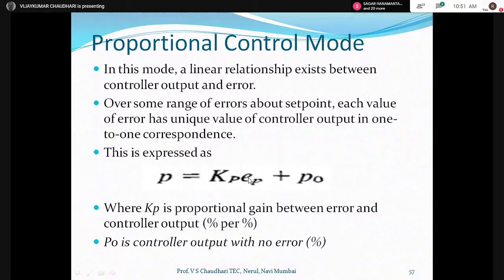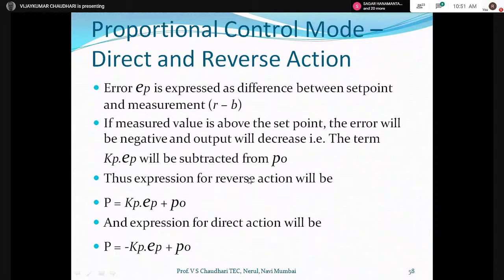So this is the reverse action then. Sorry, the expressions have been interchanged. Let's make a correction later. So this should be minus and this should be plus. The expression for direct action is P is equal to... This is the expression for direct action and this is the expression for reverse action, right?